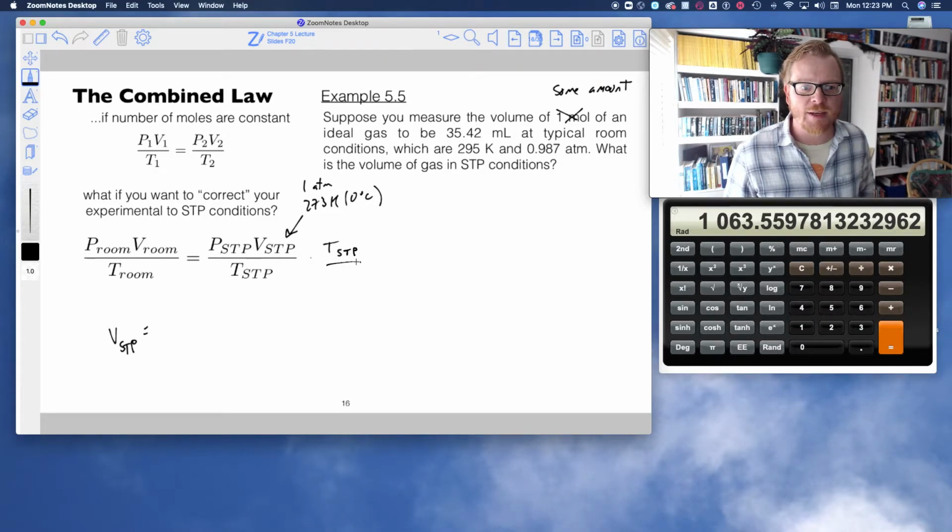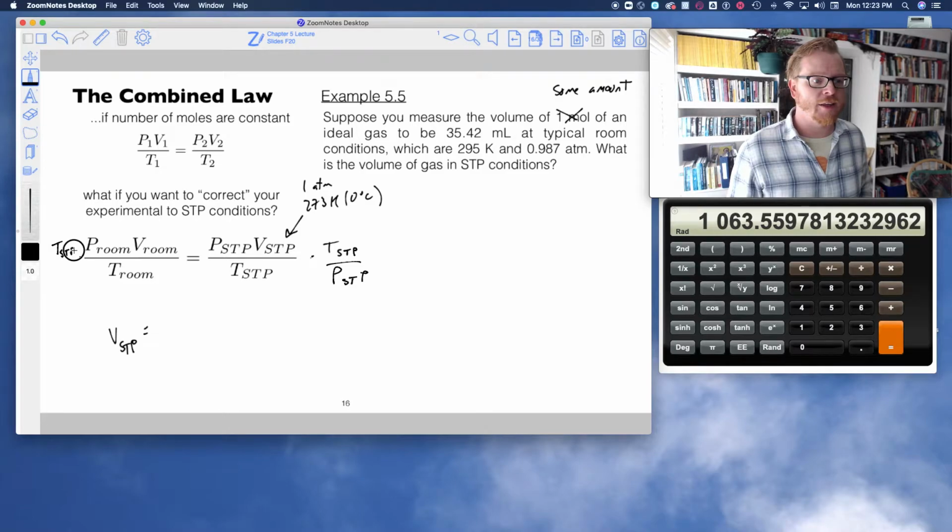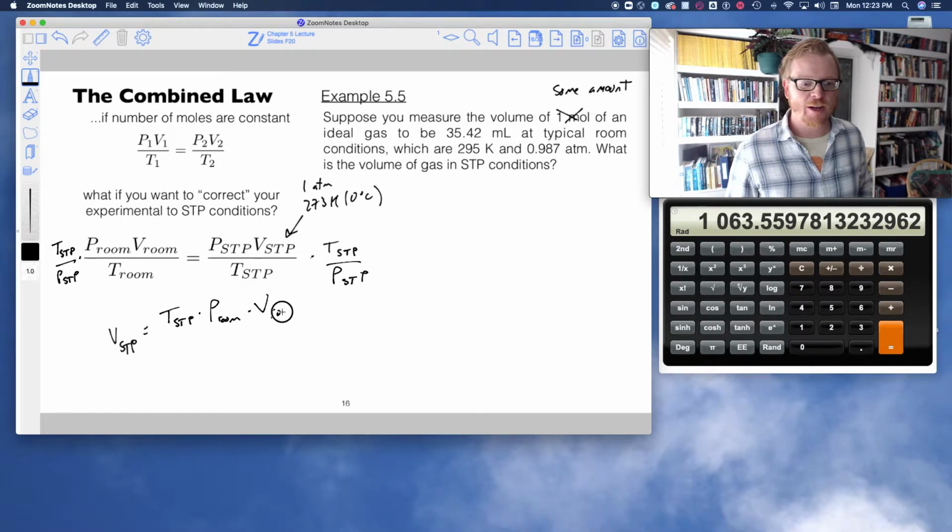I'm going to multiply both sides of the equation by that factor to isolate the units that I want, okay? So now this gives me V STP equals T STP times P room times V room, divided by P STP times temperature of the room.